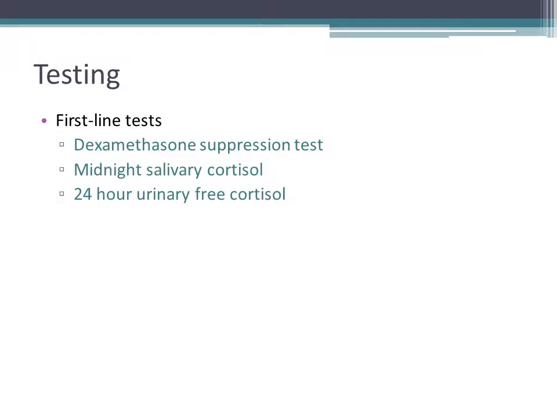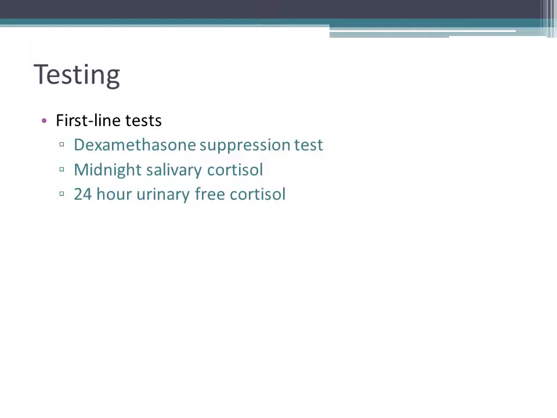The way to do the dexamethasone suppression test is we give the patient oral tablets of dexamethasone. They take it at night, and they come to the lab the next morning for a blood test. We measure their cortisol the next morning.